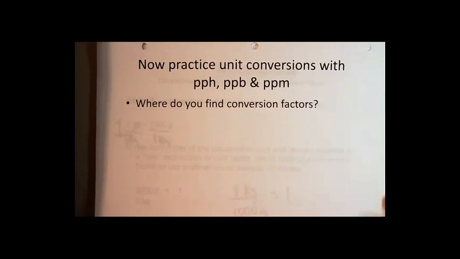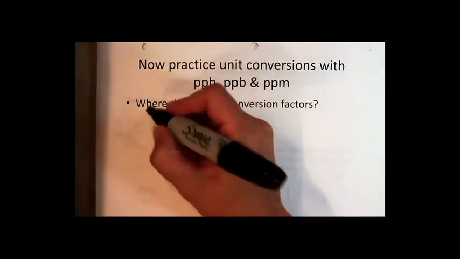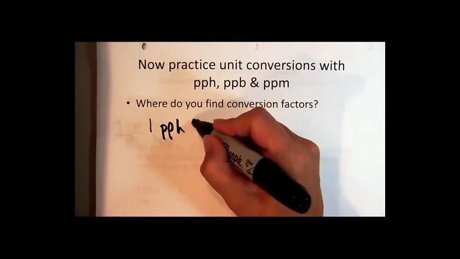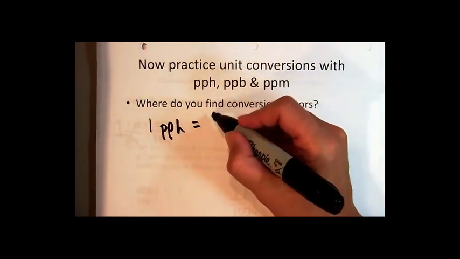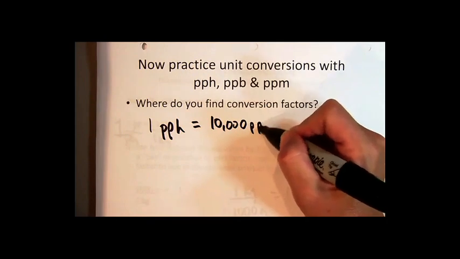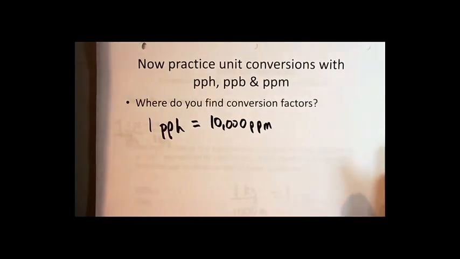For example, 1 part per 100 equals 10,000 parts per million. Okay. Now, in the metric system, you have to memorize that a kilo is equal to 1,000 or 10 to the third.